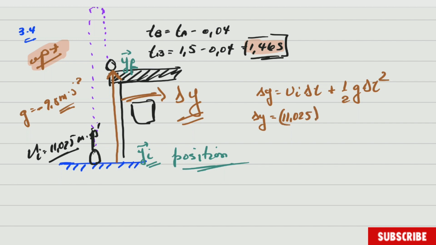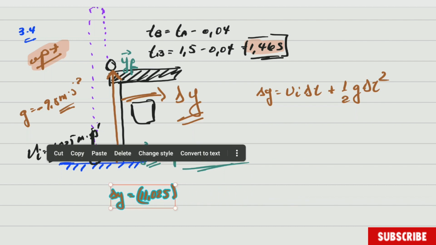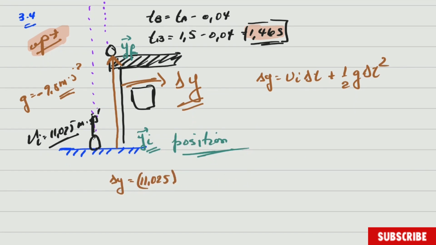You know, there is not going to be enough space here, so let's do it at the bottom. Let's leave the formula there, so you know, and let's do the substitution here. There we go. So let's do all the substitution. Multiply by the time, which is 1,46, plus half, acceleration due to gravity is minus 9,8, multiplied by the time square, which is 1,46 square, and the rest is calculation.